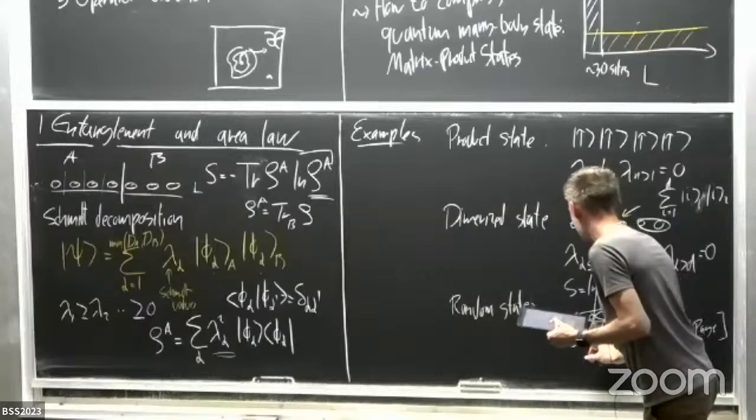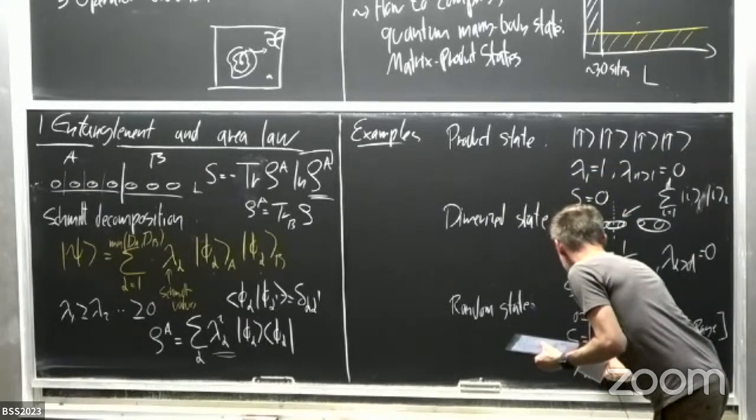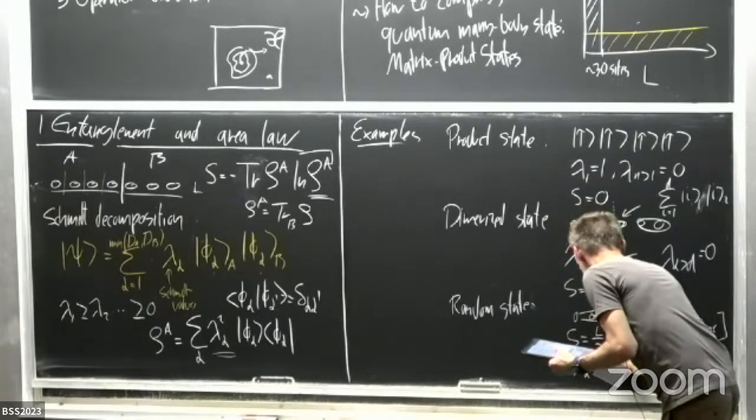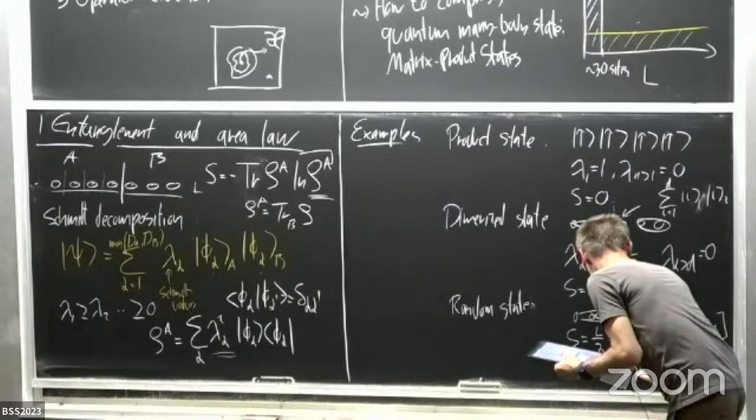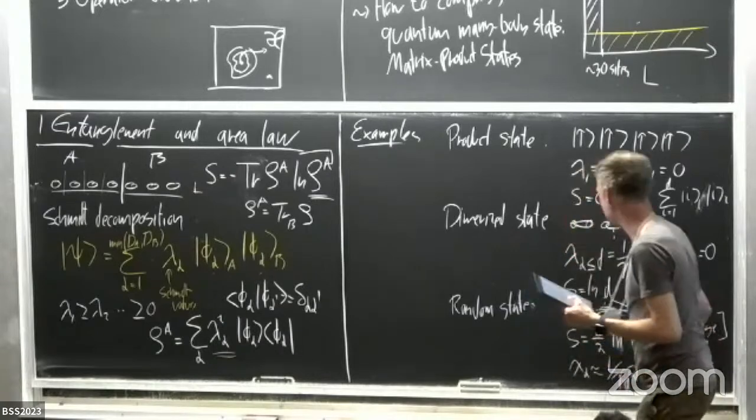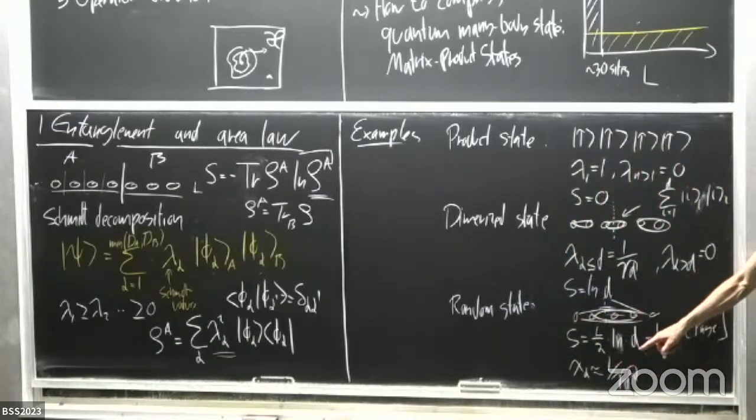We would find that the Schmidt values lambda_alpha will be approximately each 1 divided by the square root of d to the L/2. So here we would find that all Schmidt values roughly contribute equally to the Schmidt decomposition.